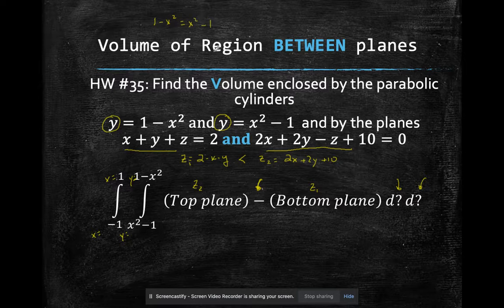Just like I did before. So what do I have here? 2x squared is equal to 2. x squared is equal to 1. x is equal to plus and minus 1. So what does that tell you these are going to be? Since my constants are x values, this is going to be dx.